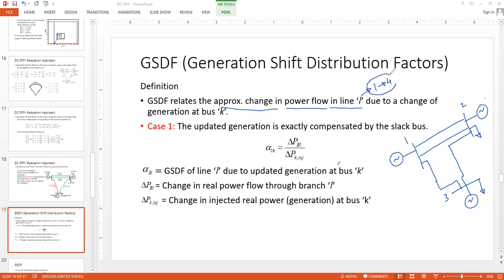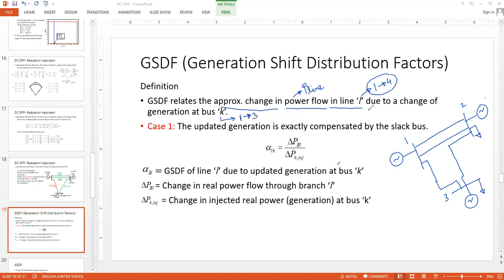So we are looking for any change in flow in the line, and this power flow is the P line, due to a change of generation at bus K. For our case, the bus numbers can be taken from 1 up to 3.